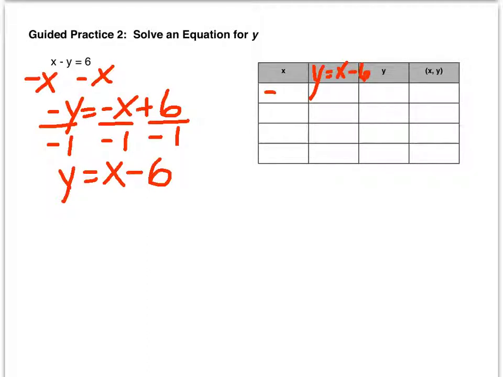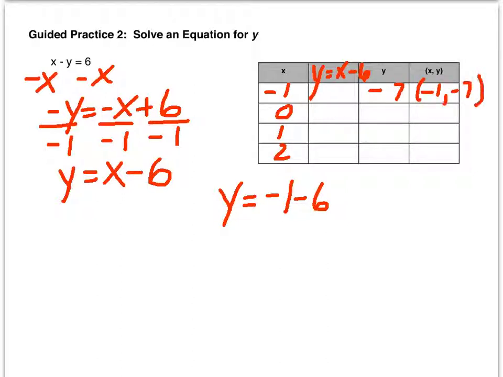So I'll go ahead and choose negative 1, 0, 1, and 2 for my x values, and I'll substitute them in. Again, you'll want to put yours in the table, but mine just won't fit with the stylus. Y equals negative 1 minus 6, so y equals negative 7. So we have negative 1, negative 7.